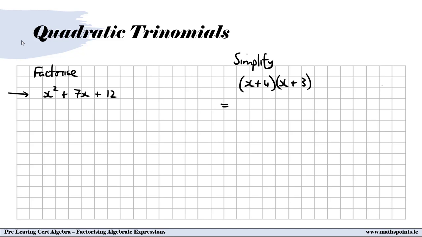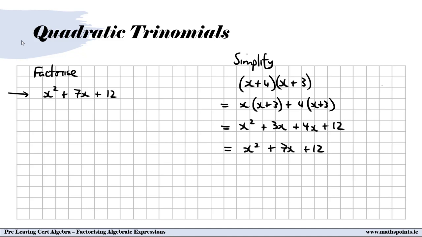We'd have opened up the first bracket, x on x plus 3 plus 4 on x plus 3, and then I'd have multiplied it out and I get x by x is x squared, x by 3 is 3x, 4 by x is 4x, and 4 by 3 is 12. And then finally we can see that 3x and 4x are like terms, and we could add 3x and 4x to give us 7x.